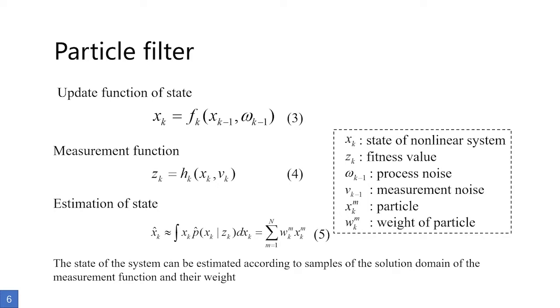The update function of the state is given in equation 3, and the measurement function of the system is given in equation 4. Then, according to the particle filter method, the estimated state is defined as a weighted sum of the particles, which is presented in equation 5.